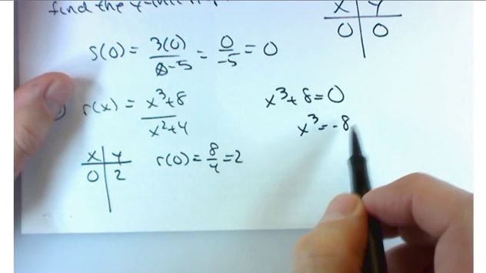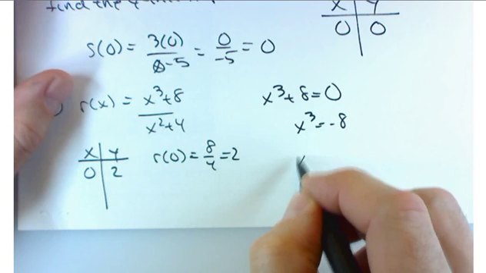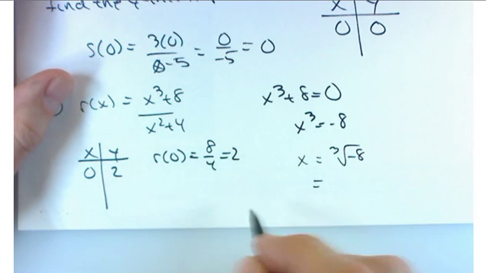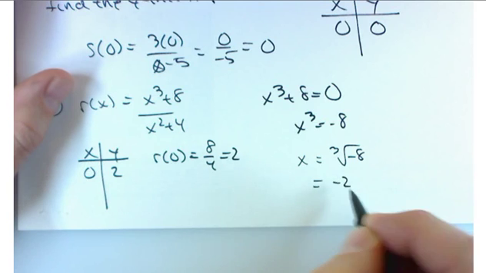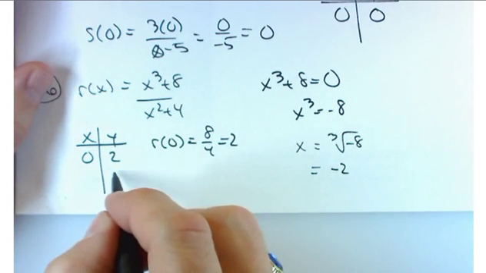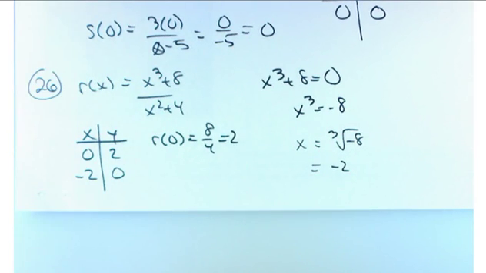So let me move the 8 to the other side and take the cube root on both sides. What's the cube root of negative 8? Negative 2. Good. So when y is 0, x is negative 2. So there's your intercepts.